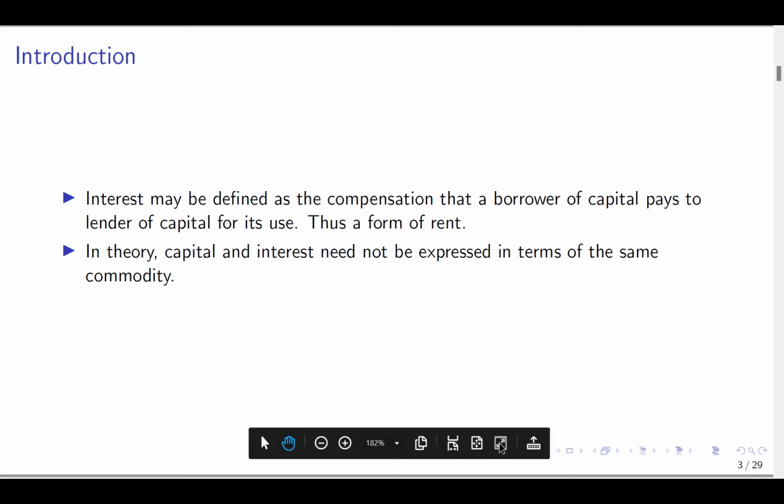To explain, for example, when you walk into a bank for a loan, they assess you, and if you qualify for the loan, they will give you the loan. So if they're giving you an amount of 50,000 Ghana cedis, for example, to start up a business or whatever it is you need a loan for, they will give it to you expecting that you pay back in the future.